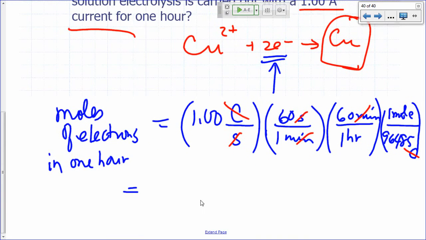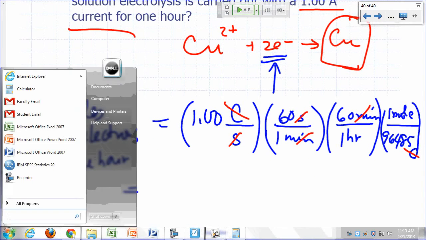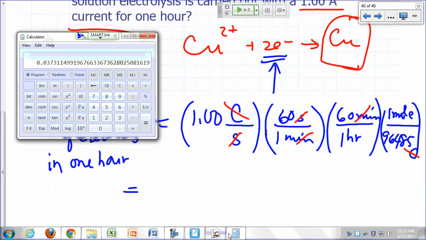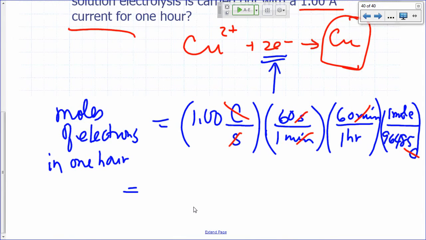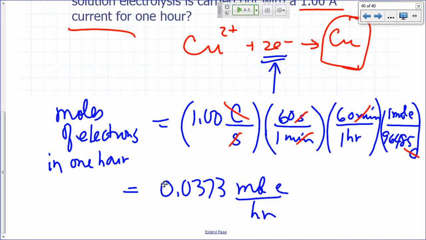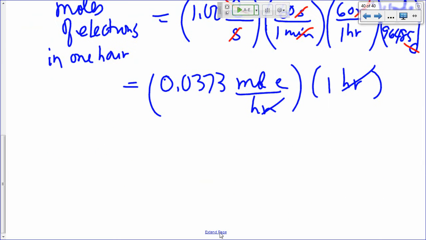So that was how much? 0.0373. 0.0373 moles of electrons per hour. And if we're doing 1 hour, then that is the moles of electrons. So that's per hour times 1 hour. So that gives you moles of electrons.